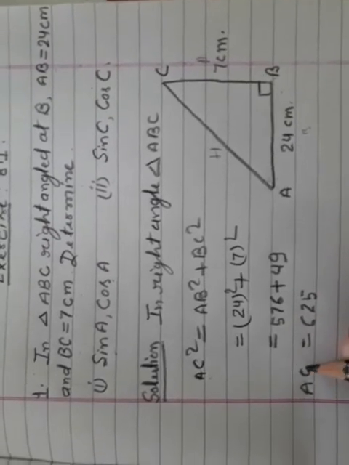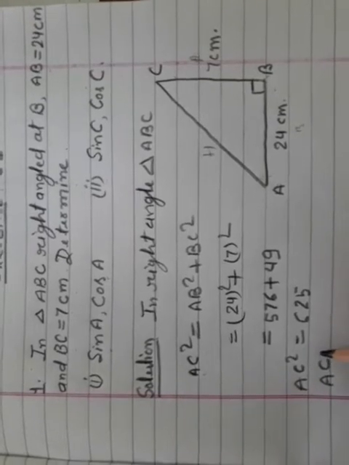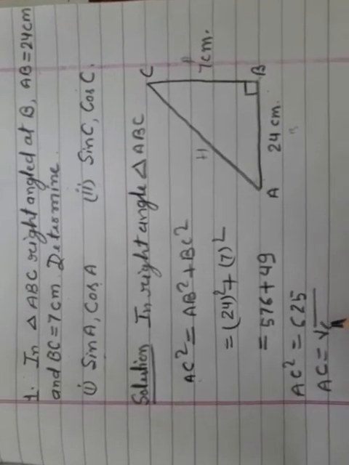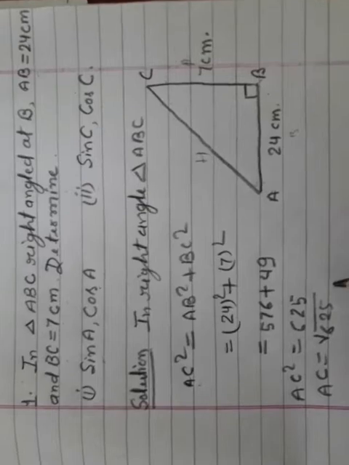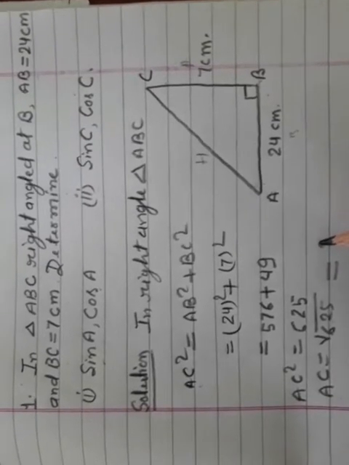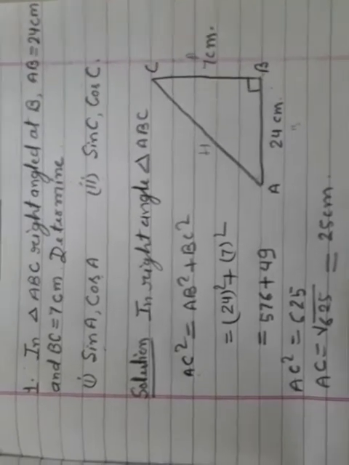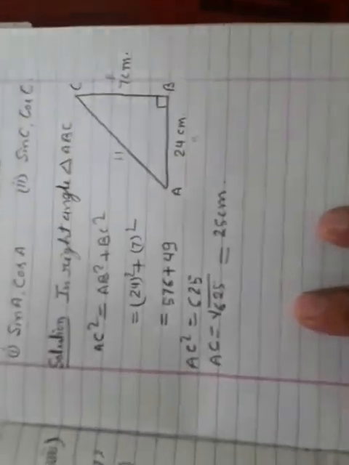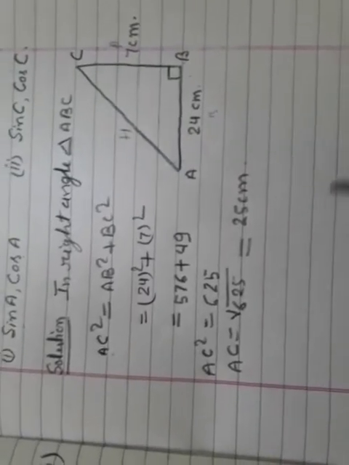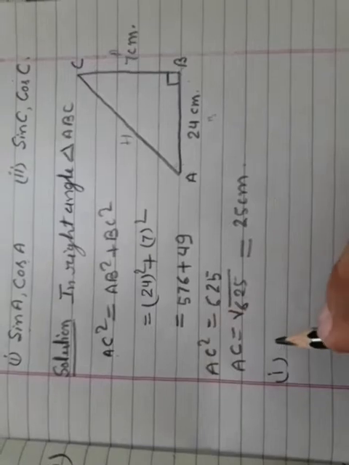AC square is equal to 625. So AC is equal to under root 625. Square root of 625 is 25 centimeter.